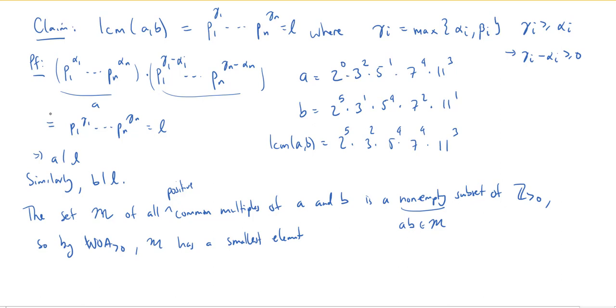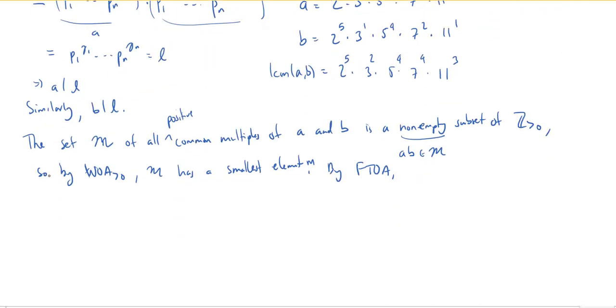Okay, this again is by the Fundamental Theorem of Arithmetic. So it has the smallest element. So by FTOA, oh, and let's give a name to this element. How about little m? By FTOA, P1 through Pn all divide m.